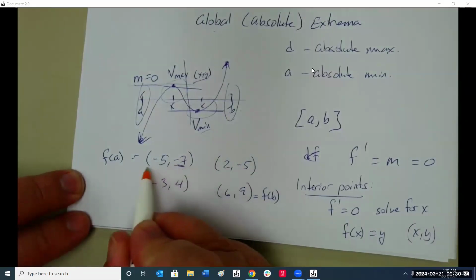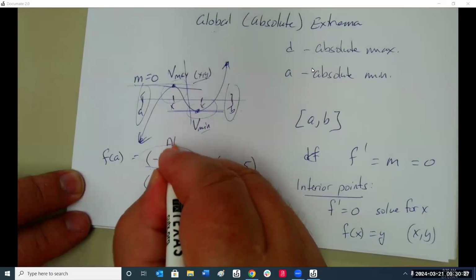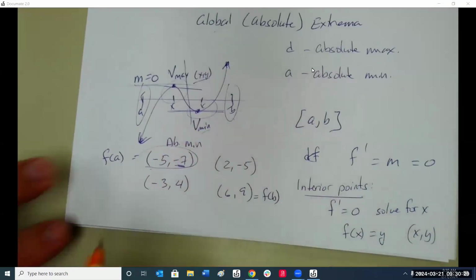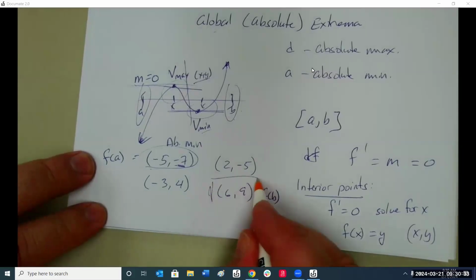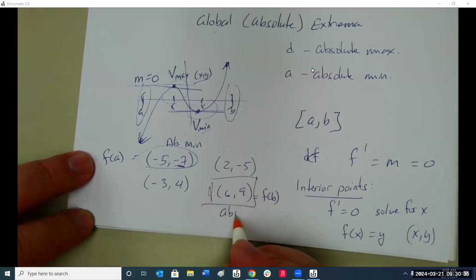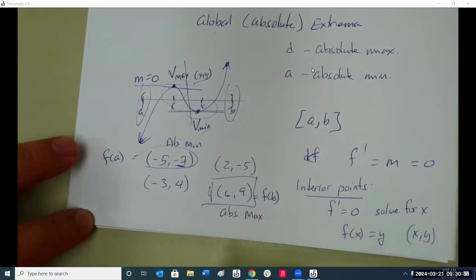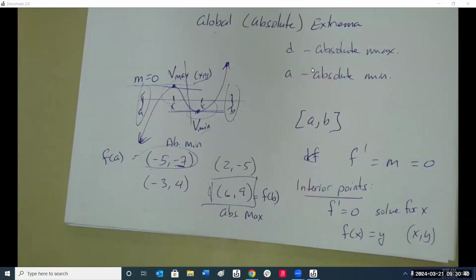This is the smallest y value. So that's the absolute min. What's the largest y value? That one. So this is the absolute max. And they're all local maximum minima.